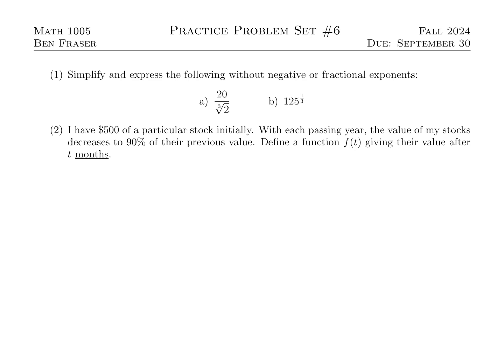So for the first one, for 1a, when it says that you can't use fractional exponents or negative exponents, usually what we do is a process called rationalizing.